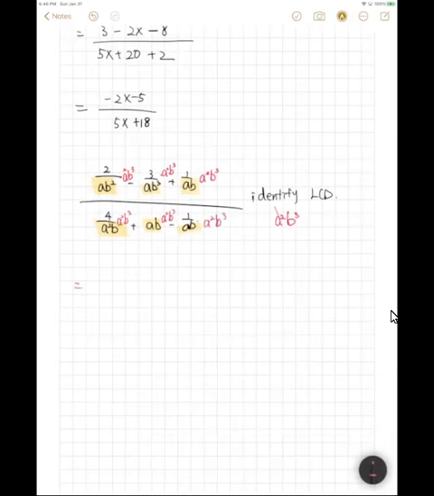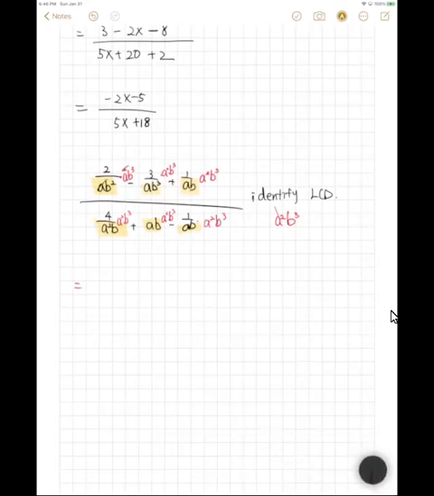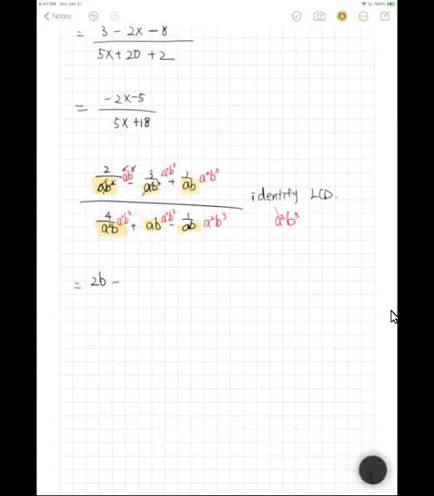We simplify each one. So for the first one, we have a, we have b, so we have a 2b at minus. The second one is a, this cross cancels, it's 3b's, so we minus 3a plus.